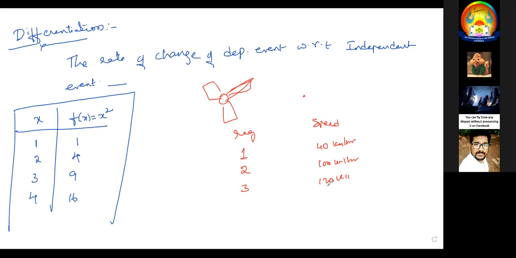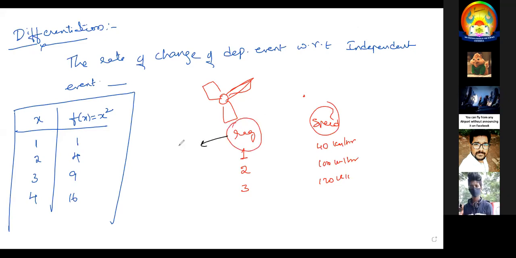That means which one depends on which one? Fan speed depends on the regulator. Then regulator is called independent event and the speed is called dependent event. One is called independent, other one is called dependent.